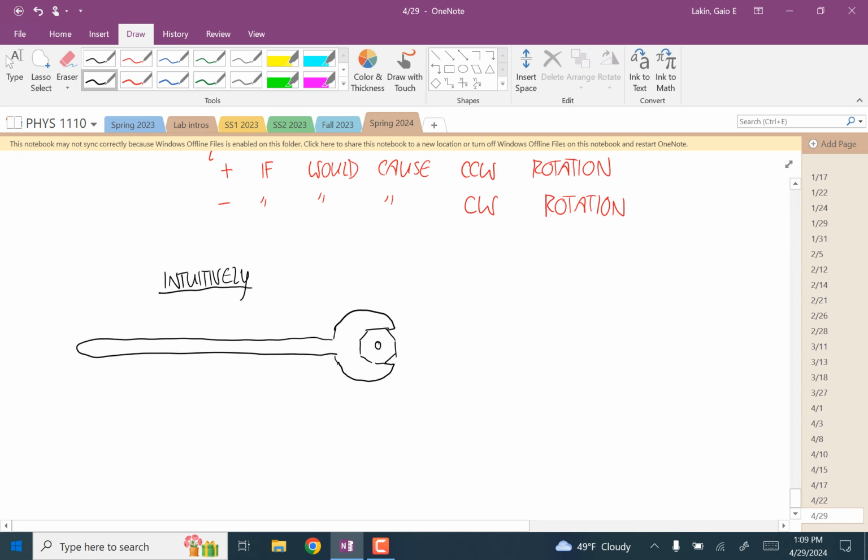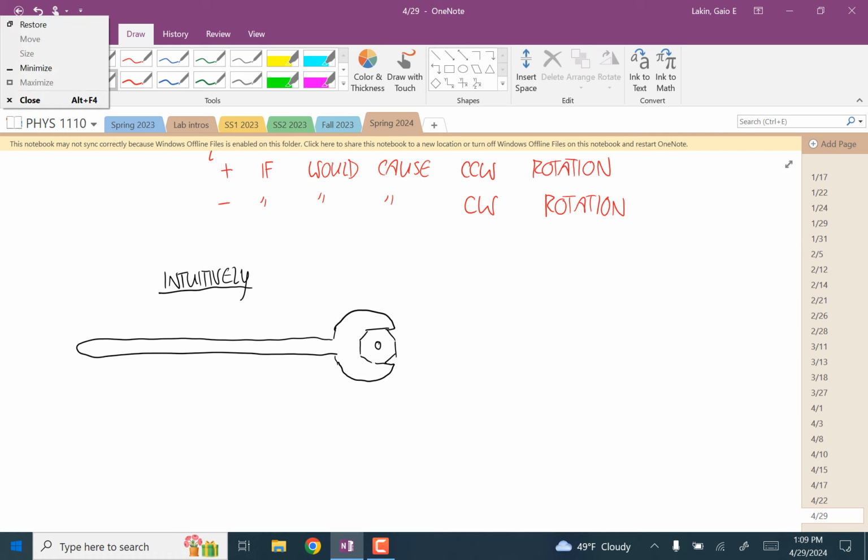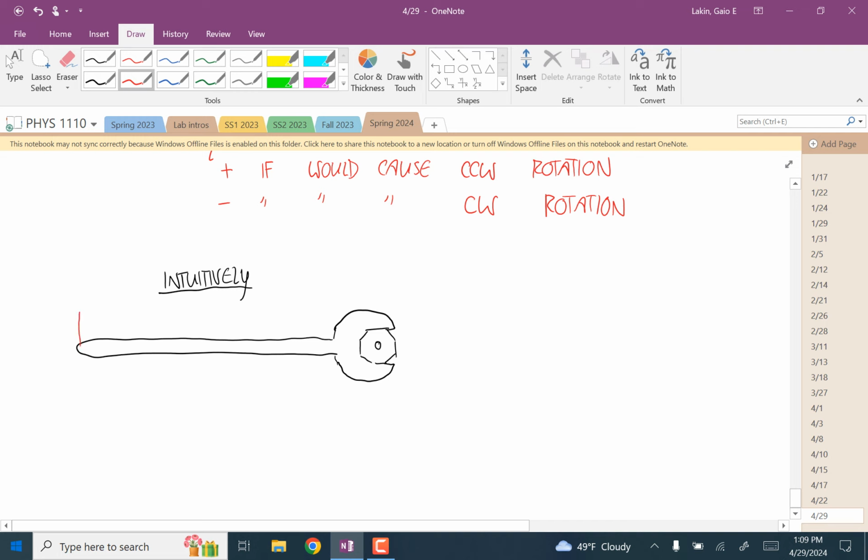And say you know that you can apply 300 newtons of force, okay? And think about where you would want to apply it. Would you want to apply your 300 newtons here? Or here? Or straight down here? In order to turn this?